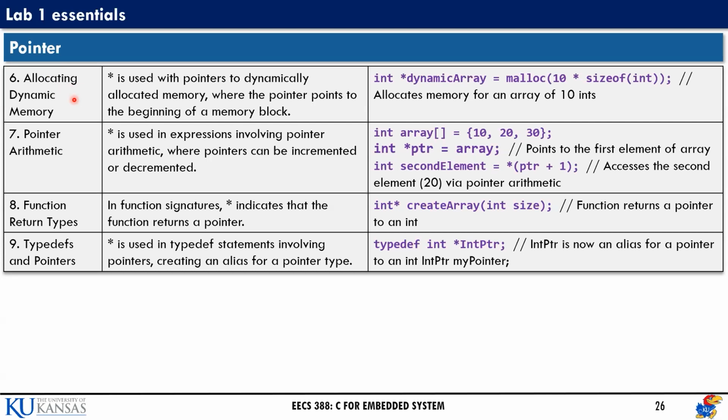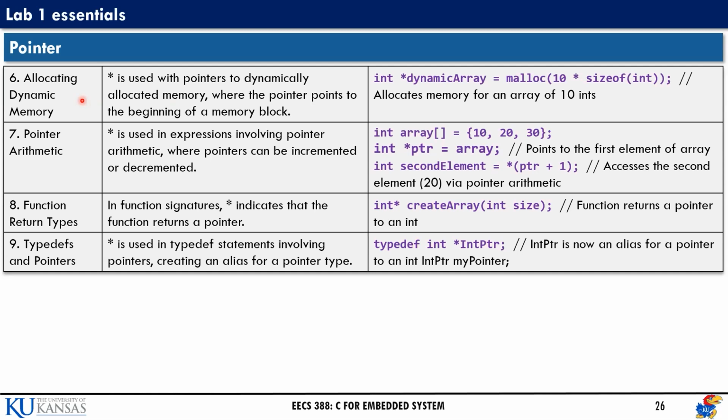Here are some of the main reasons why dynamic memory allocation is used. For example, if you have a data structure like an array, and you don't know what the size of that array might be at compile time, and the size of that array can change at runtime, right? So dynamic memory allocation is necessary in that case if you don't know exactly the size of your data.